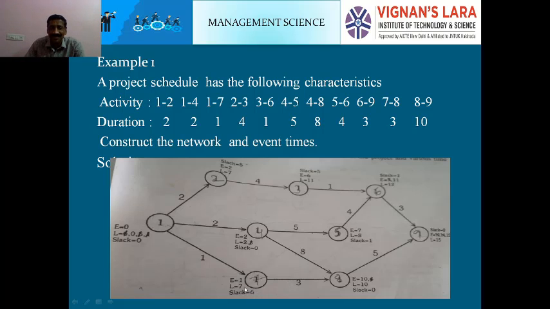7. If you want to calculate latest finishing time at event 4, subtracting. There are 2 paths to reach event 4. 15 minus 3 minus 4 minus 5, 12. 15 minus 12, 3. Now here, 15 minus 5 minus 8, 15 minus 13, 2.